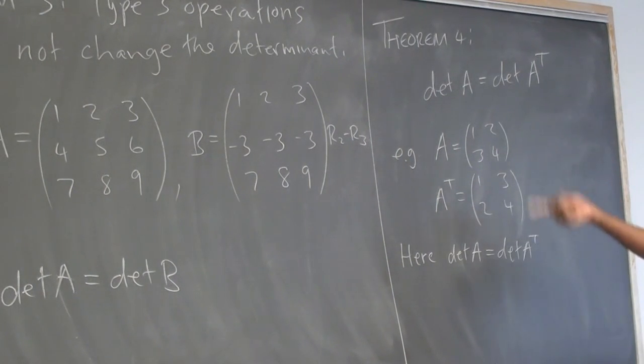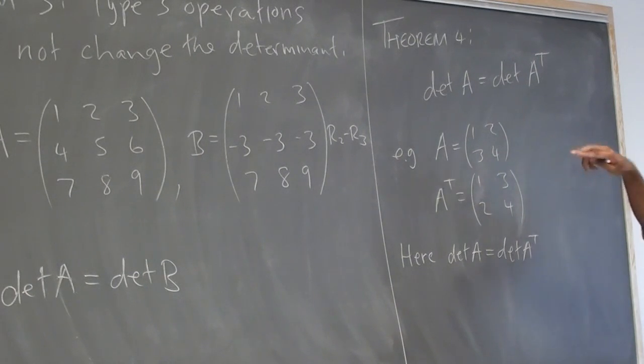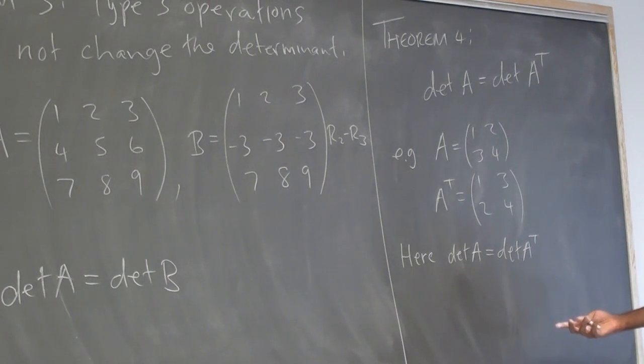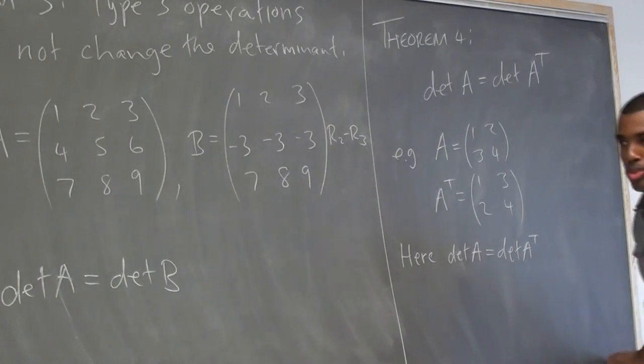Once you find a transposition, it's the same. That's true because with Laplacian expansion, you can do it along rows or columns. So doing an expansion along the first row here is equivalent to doing an expansion along the first column there. It's not going to make a difference because you can choose rows or columns.